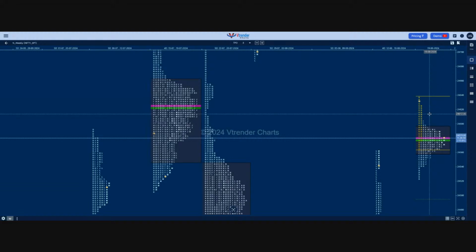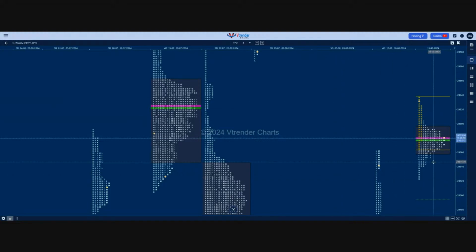So once you know, we can also see this zone of the selling gap, the invisible tail, which is 24693, the tail of 2nd of August to the gap down of 5th of August.